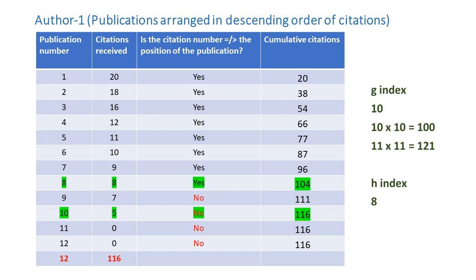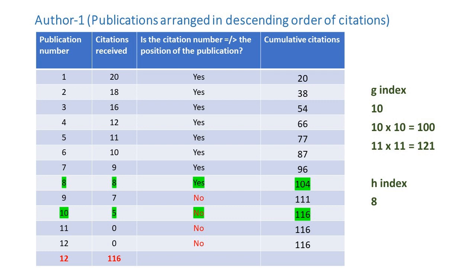You go on counting these squares and go till the time when the total number of cumulative citations stops being equal to or more than the square.